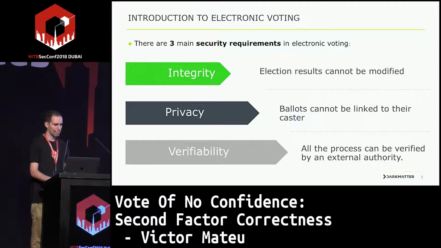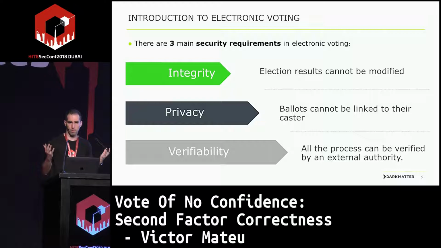So the most important things about electronic voting are these three security requirements. The first one is integrity. Everyone might understand why. So we want to have the right results from an election. The second one is privacy. Again, everybody understands. No one wants to know what other people voted, or better, in the other way, you don't want other people to know what you vote.